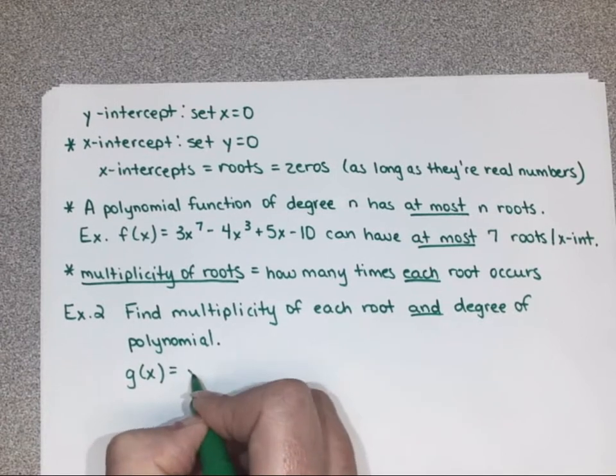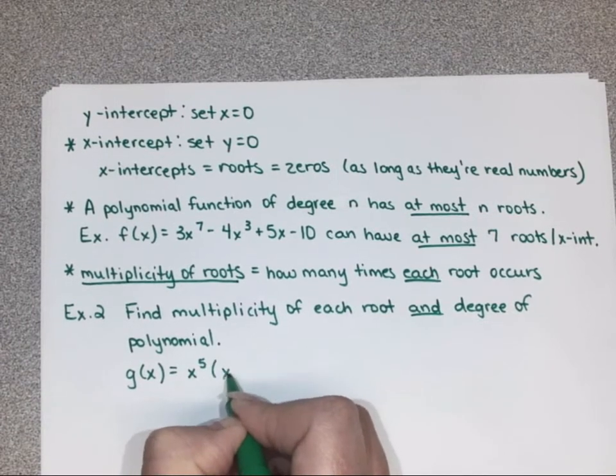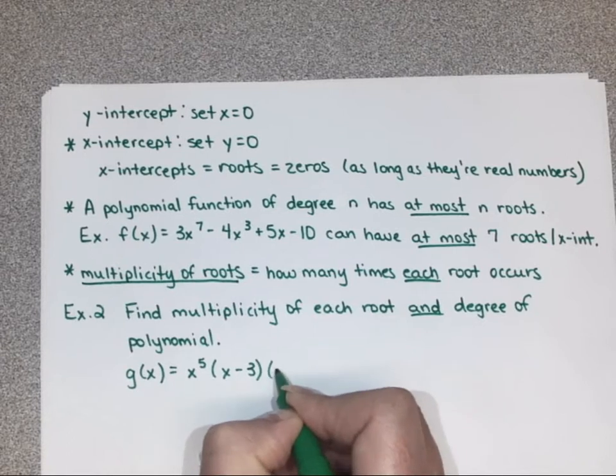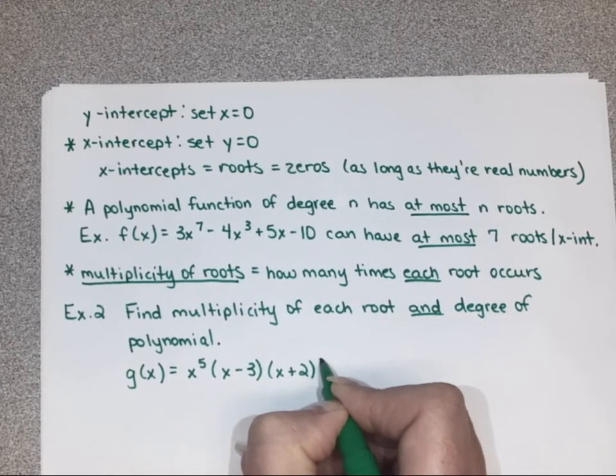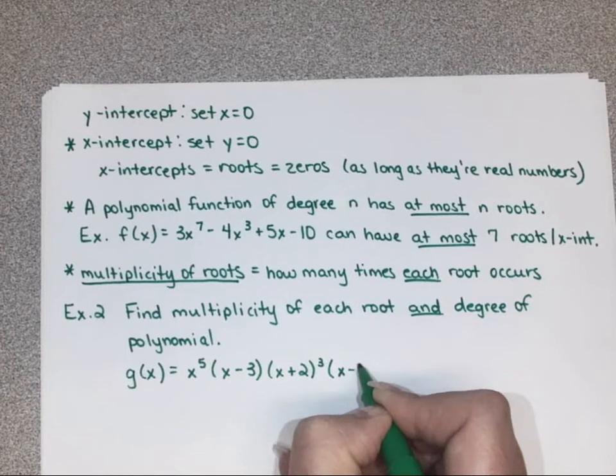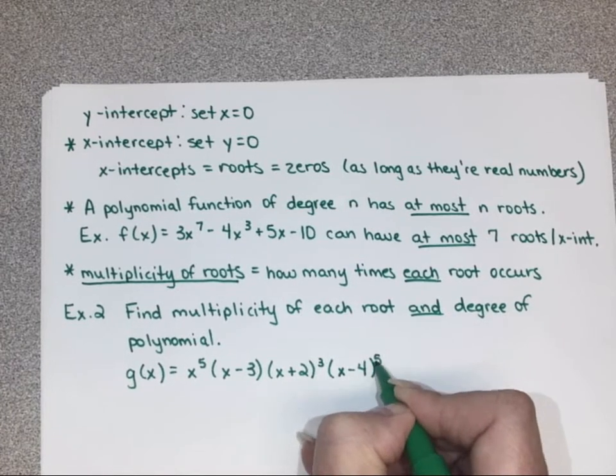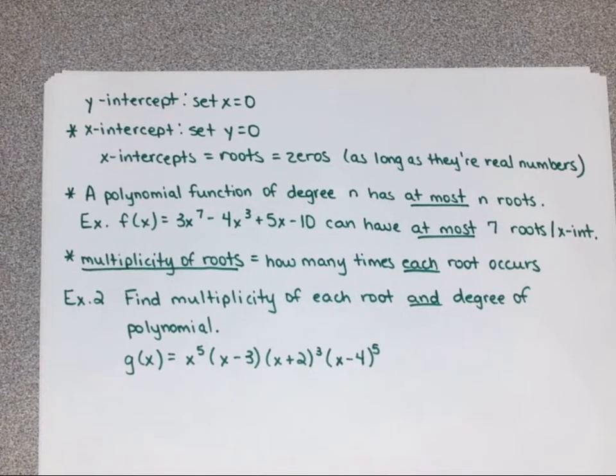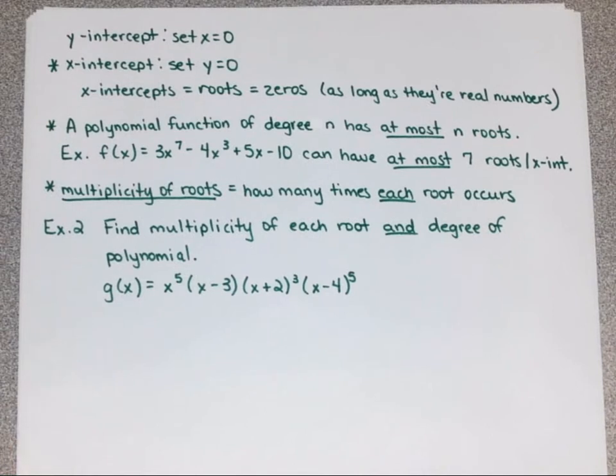So let's say that this is the polynomial that I gave you. Before you freak out about how this looks, it's actually already fully factored for me, and I definitely wouldn't want to factor that guy by myself.